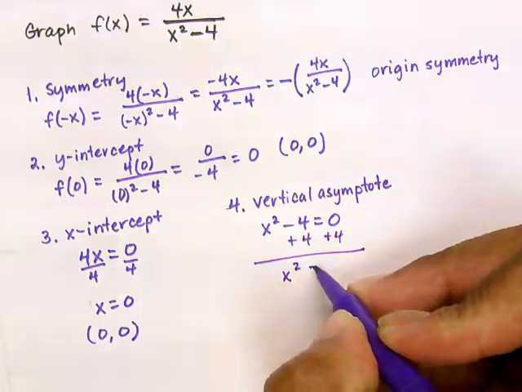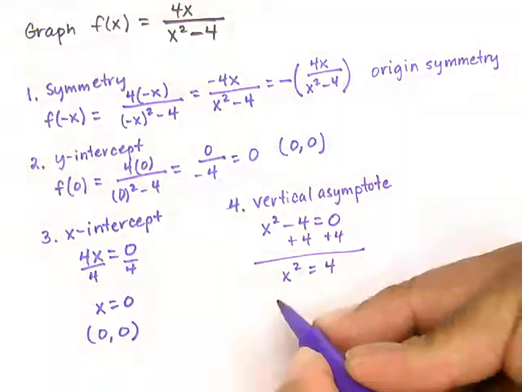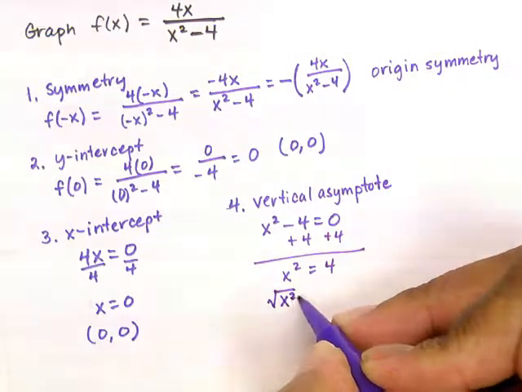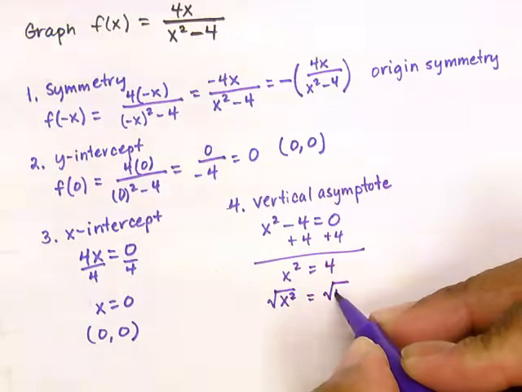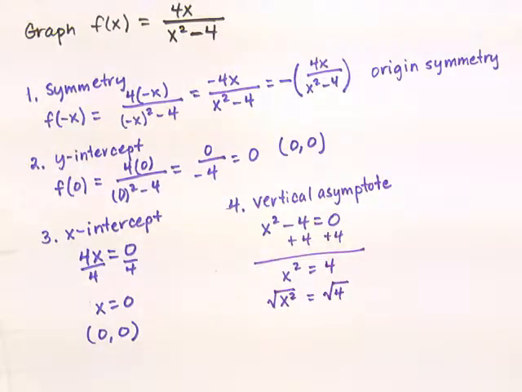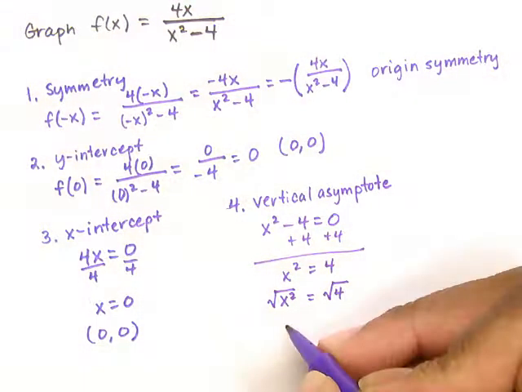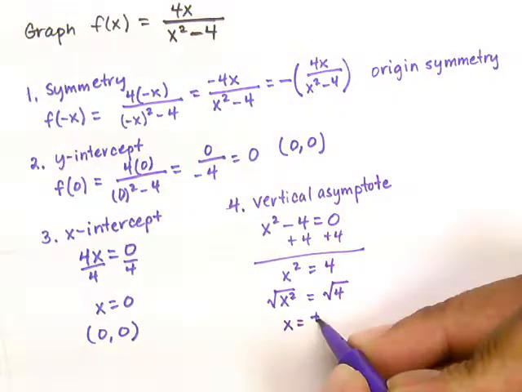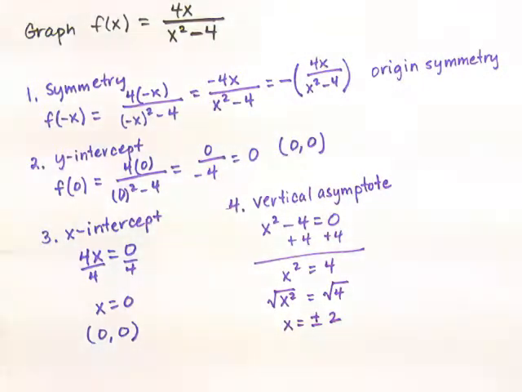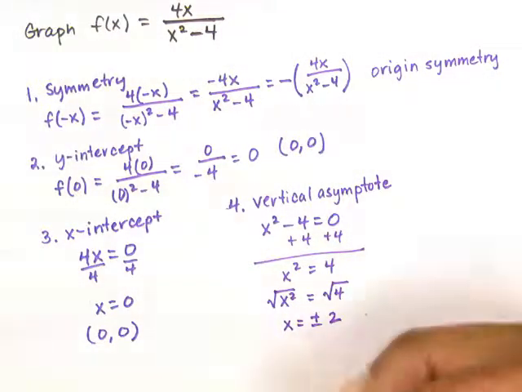So you got x squared is equal to positive 4. And the opposite of squaring something is always taking the square root on both sides. So here you got x is equal to, and if you take the square root on both sides, you have to bring in the plus or minus symbol. So here, it'll be x is equal to plus or minus 2.